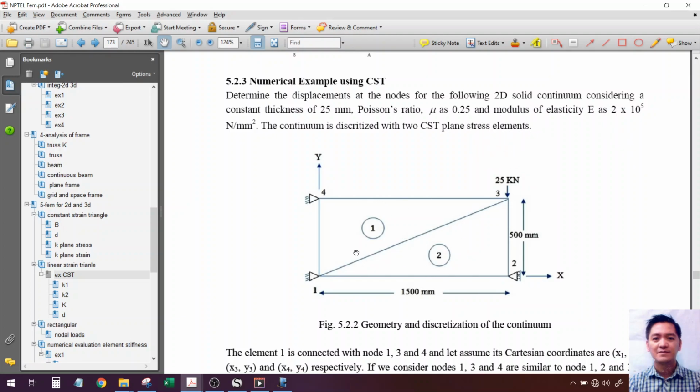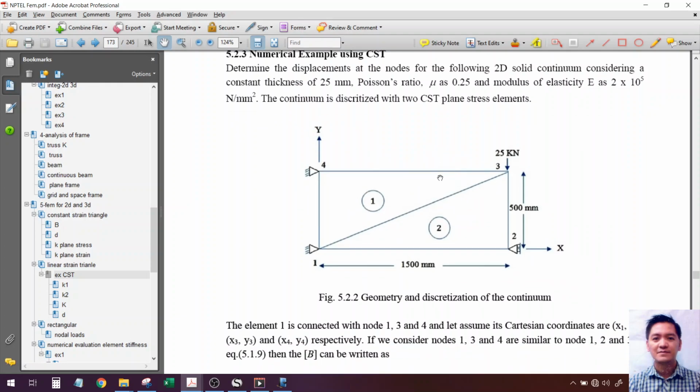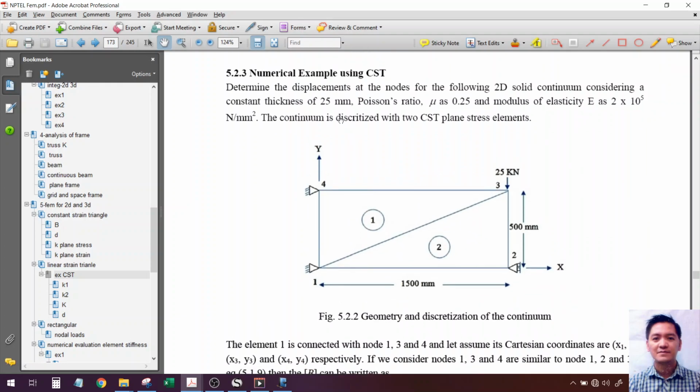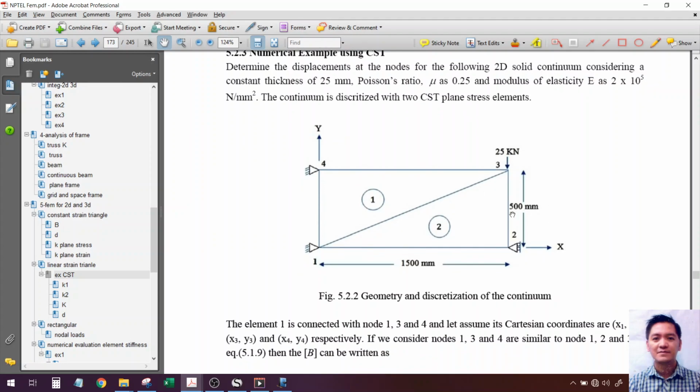So, meron tayong plate having constant thickness, which is 25 mm. The Poisson's ratio mu is 0.25. Modulus of elasticity is 2 times 10 raised to 5. So more like this is a steel, no? Steel member, steel plate. Okay. The continuum is discretized with 2 CST plane stress elements.